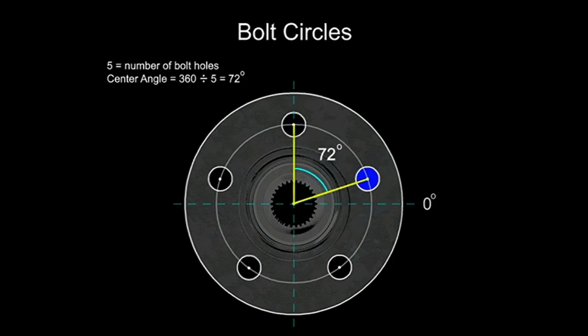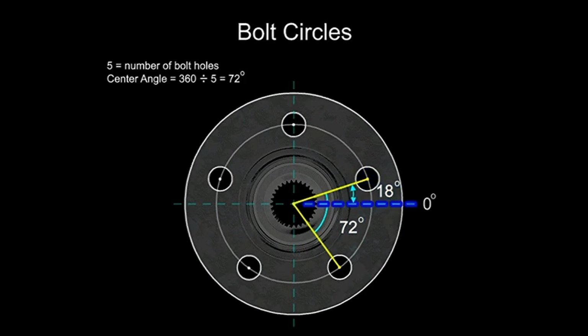The second bolt hole is 72 degrees from the first hole. 90 minus 72 is 18. So the angle between the second hole and the x-axis is 18 degrees. The third bolt hole is 72 degrees from the second. However, we've already determined that the angle between the x-axis and the second hole is 18.